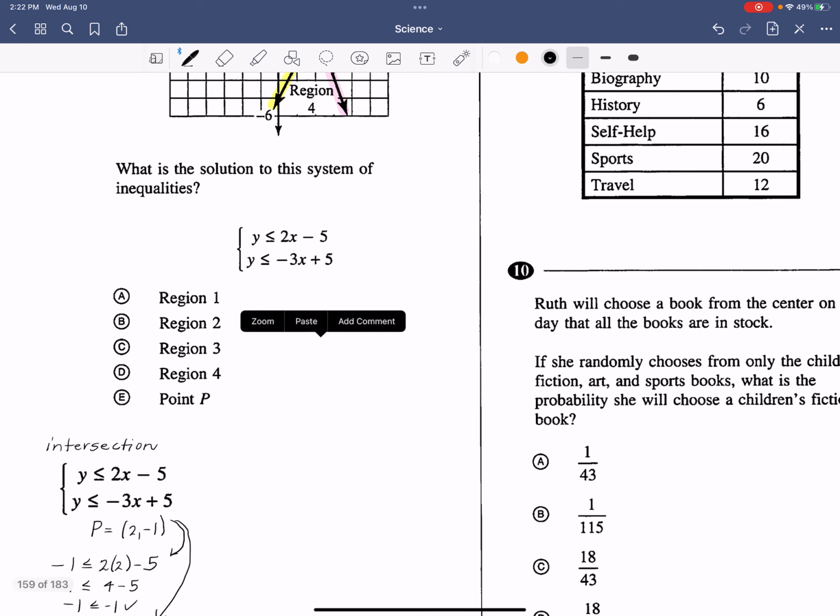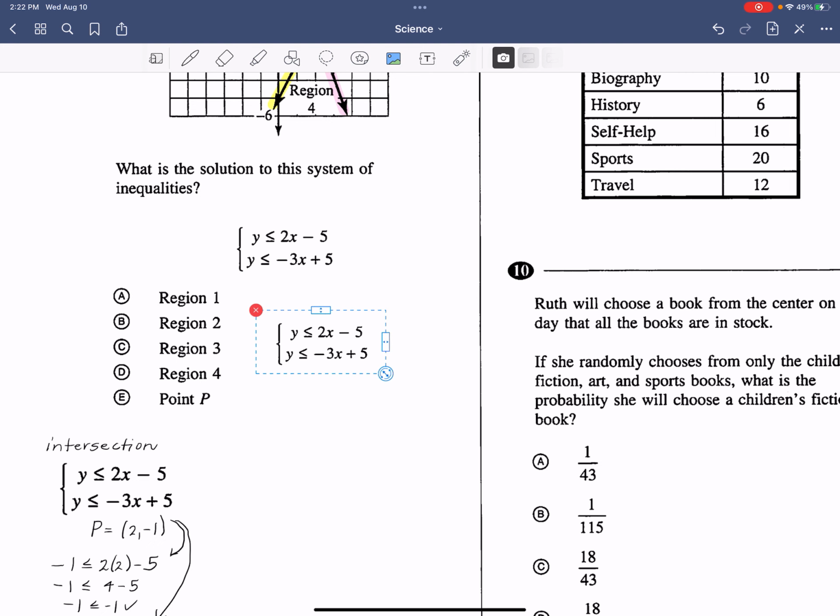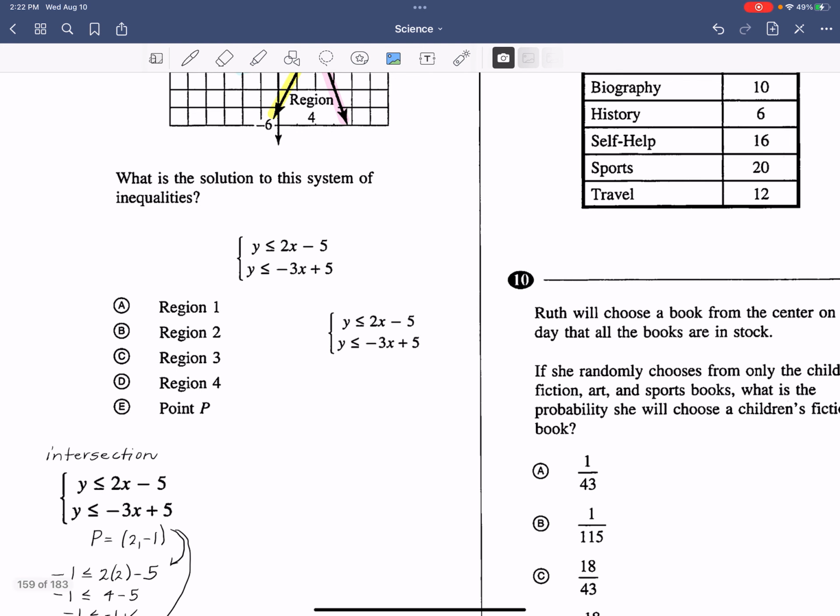So I'm going to put down the system again and I'm going to check region 1. I'm using (1, 1) as my test location for that region. So let's plug it in here and see what happens. So y is 1, less than or equal to 2 times 1 minus 5.